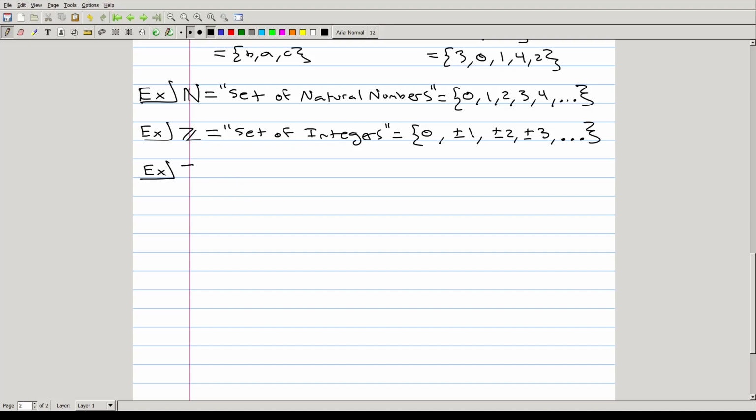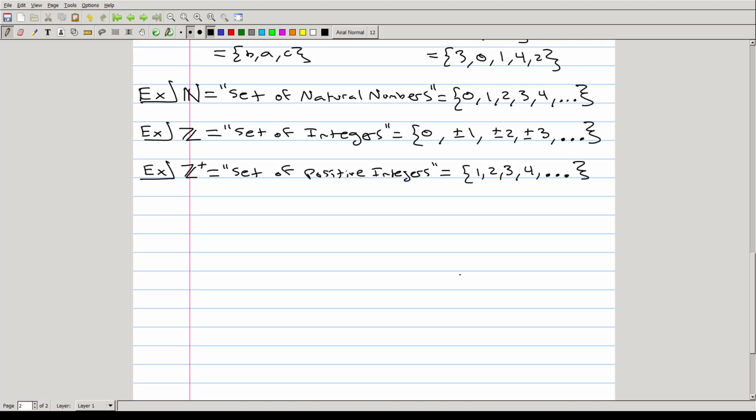We can do things like talk about, with the integers now, the set of positive integers. This is the set 1, 2, 3, 4, and all positive integers.